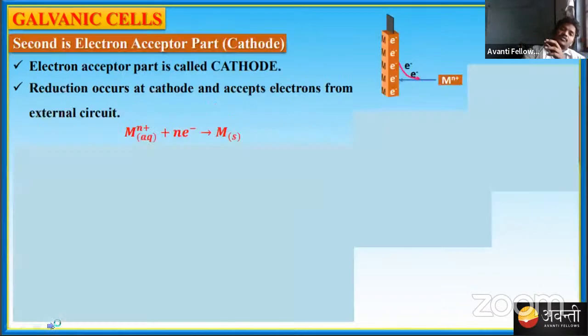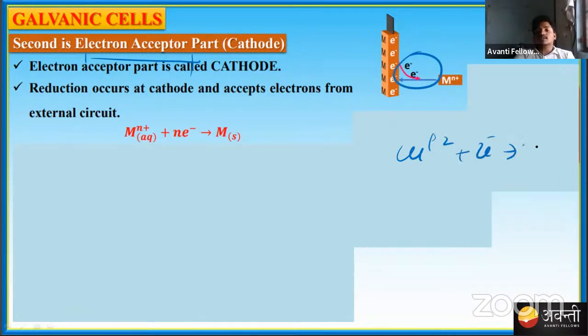And next, if you see the cathode part, basically this is called the electron acceptor part. It is not doing anything. The solution consists of copper sulfate. These copper ions are going to consume these 2 electrons and will become copper.